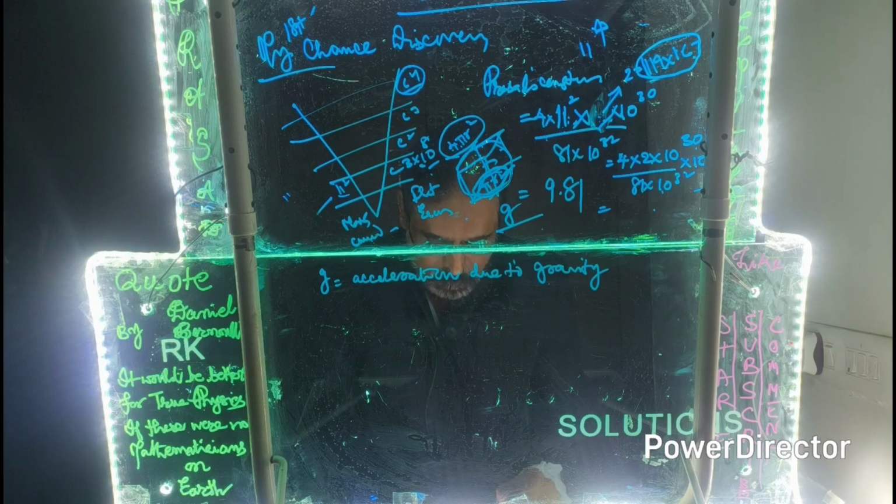Let us check once again. 4 into 11 square, 4 into 119 into 1.67 divided by 9.81, yeah, 4 into 119 into 1.67.